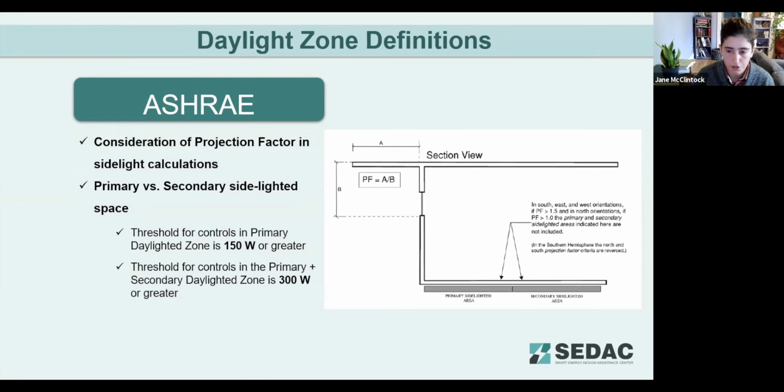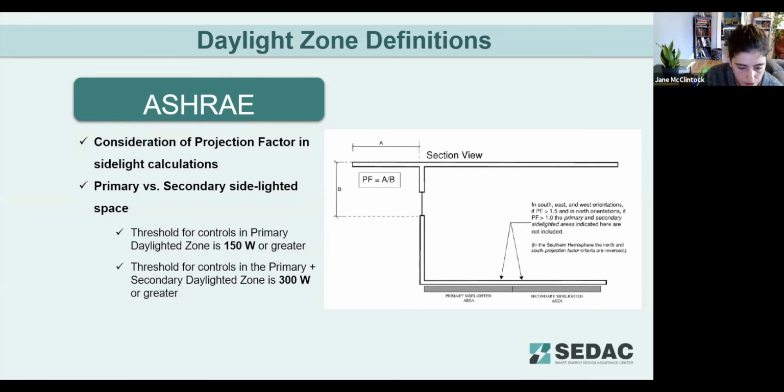So if there's 300 watts within the primary and secondary side lighted area, we do need to have daylighting zones if there isn't some other exception, and those need to be controlled separately. Depending on how the light is moving, a different amount of light could be falling on the primary side lighted zone and secondary. So those daylighting controls need to be separate. Also, there's a consideration for projection factor in the side light calculations, which isn't clarified in IECC.